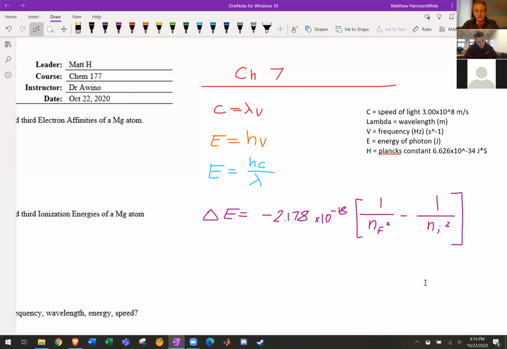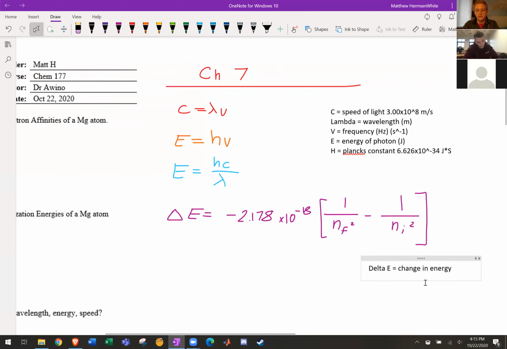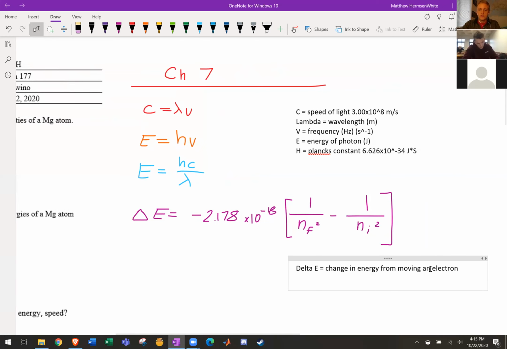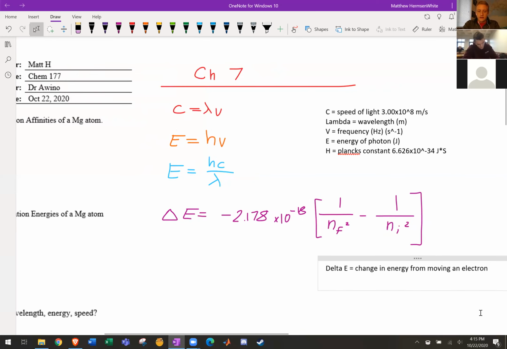And so the delta E, change in energy from moving an electron between energy levels, is measured in joules.